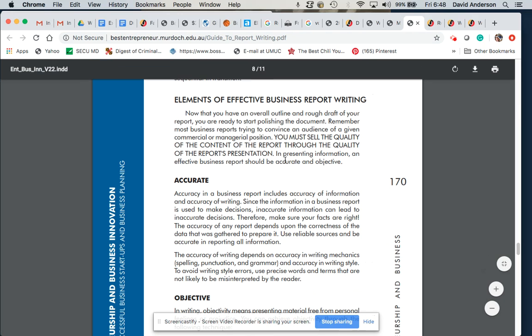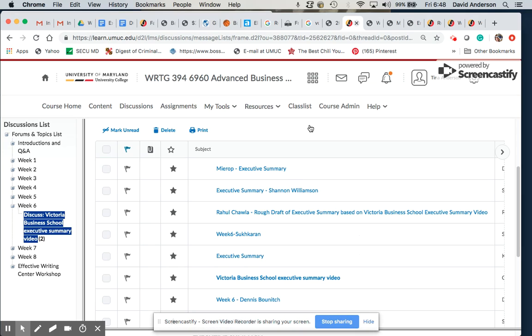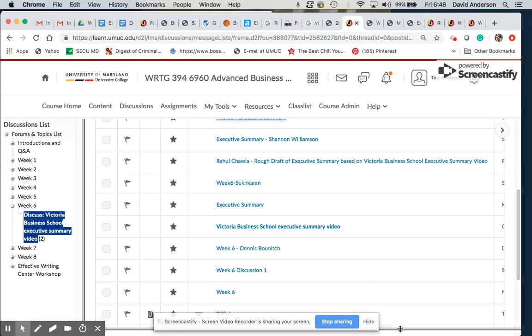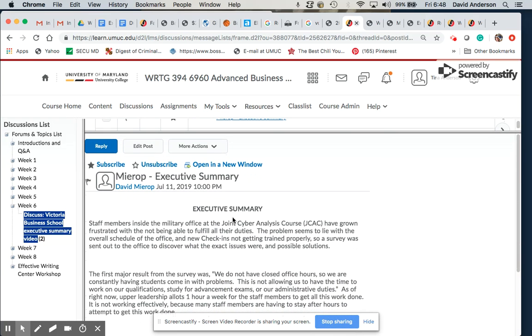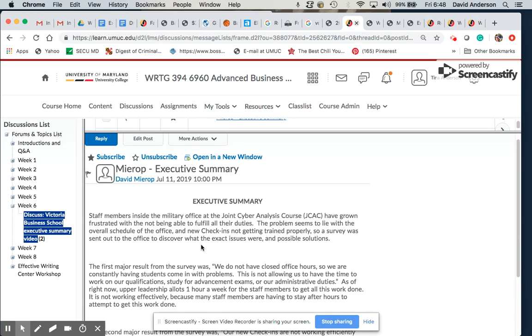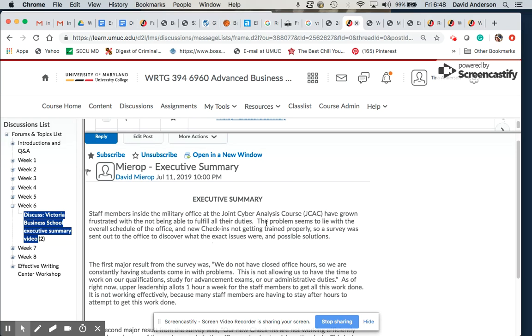And then there's one more I wanted to talk about. If I take a look at each one of these executive summaries, I'll have to pull this up a little differently. There we go. Here we have a quick view of the problem, that we're not being able to fulfill duties based on an overall schedule of the office.